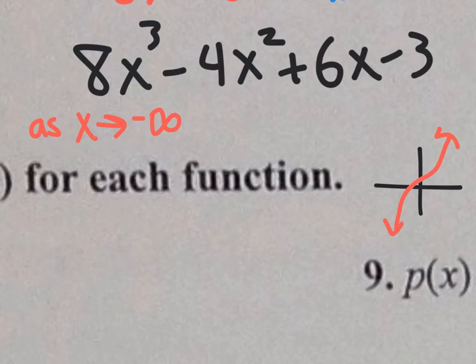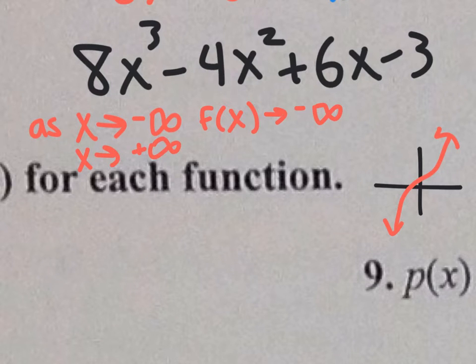This one is a cubic function, so it's going to have the same end behavior as this guy. So as x approaches negative infinity, where's f of x approaching? That's right, f of x approaches negative infinity. And when x approaches positive infinity, f of x approaches what?